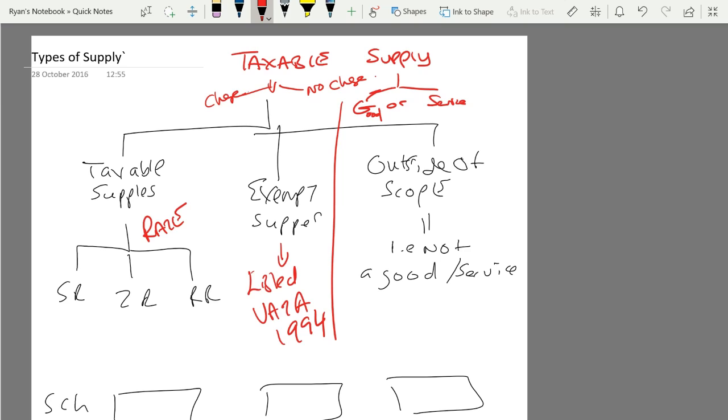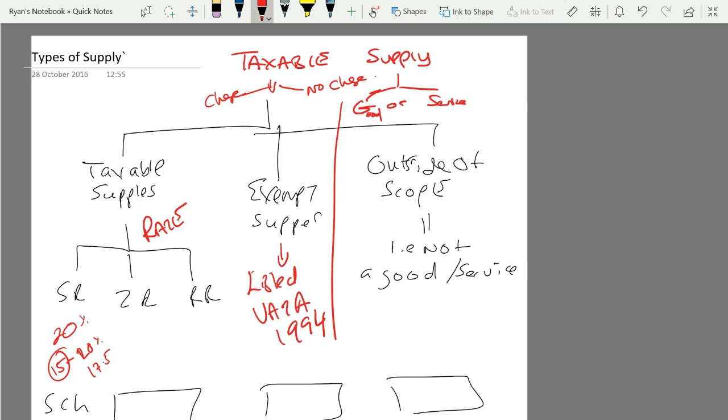Standard rated is currently 20%. I've known it to be anywhere between 15 and 20%: 15% during the economic recession of 2008 to 2010, 17.5% prior to that, which it went back up to, and then 20% during the recovery from the recession.